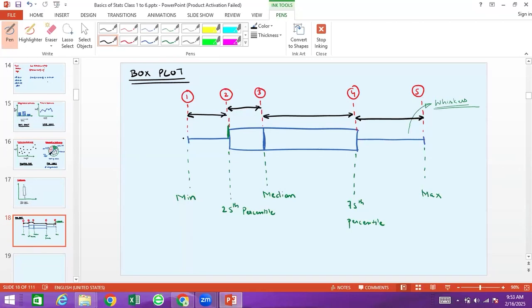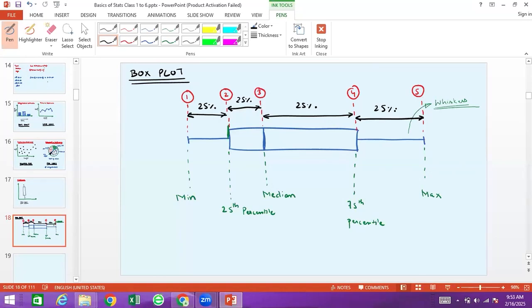From this value to this value, there are 25% of people. Similarly, between this point and this point, 25% of people are there. This point to this point, 25% of people. And from this point to this point, again 25% of people.